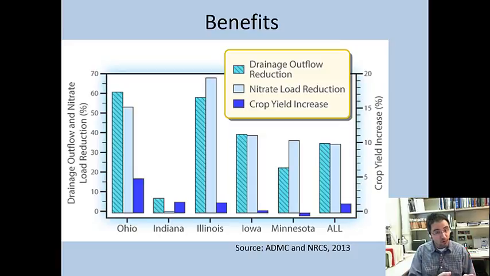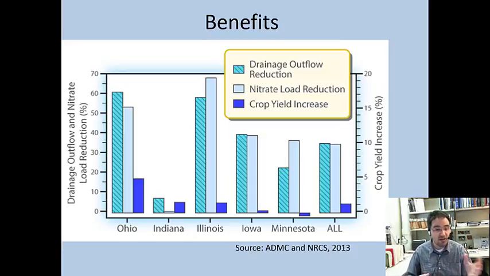All right. So really what we're seeing is no change in nitrate concentration. As we look at the data from these sites, we see very similar nitrate concentration of that water where we have managed drainage compared to where we have free drainage. But since the pounds per acre of nitrate loss are a product of how much water comes out and the nitrate concentration, if we're reducing the volume of water by 40%, say, then we're reducing the nitrate load by 40%.